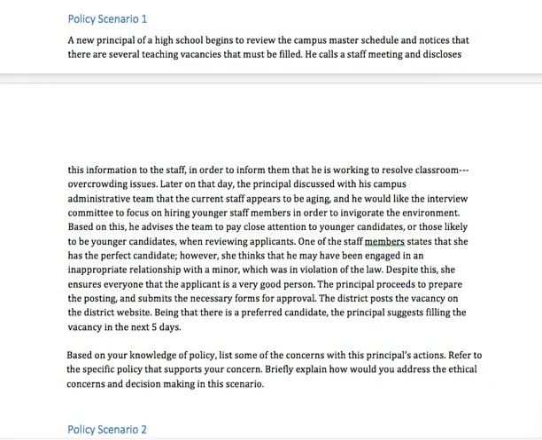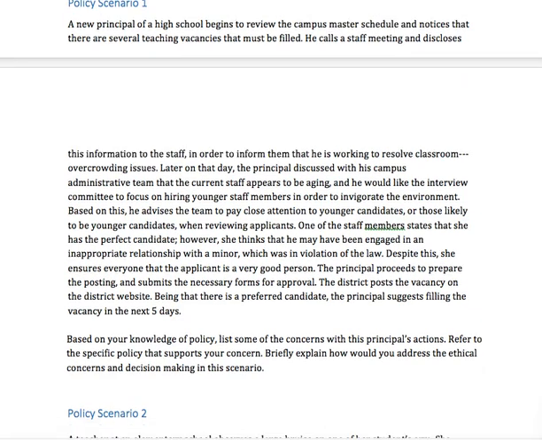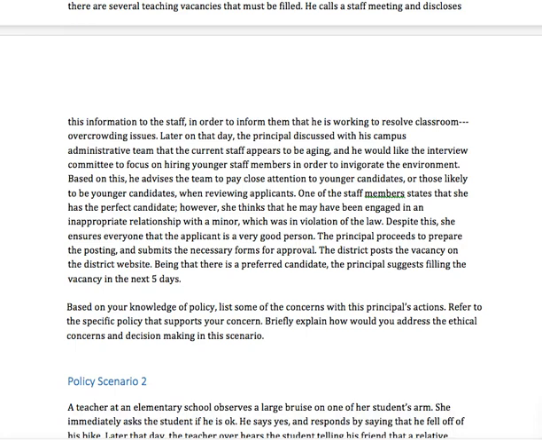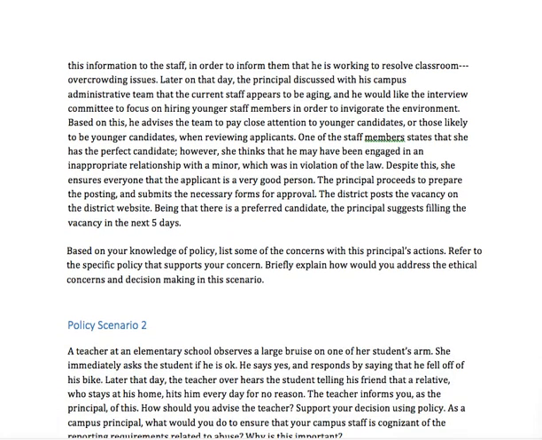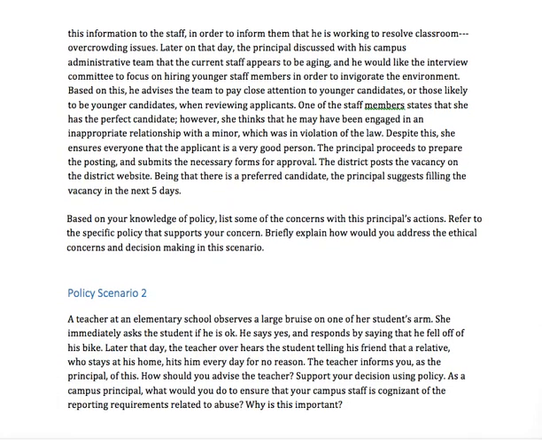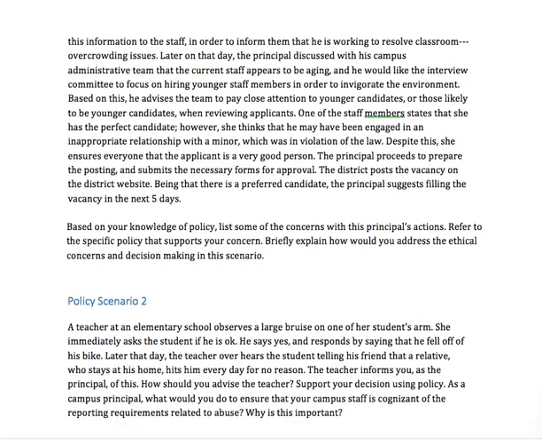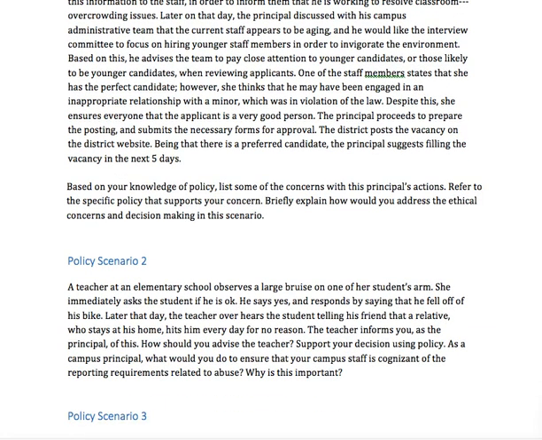The first one, you've got a high school teacher who's reviewing the campus master schedule and he notices that there are some vacancies. So he goes through and makes some decisions, and so you're going to justify or list concerns that you have about his actions. Again, remember, refer to the specific policy that supports your concern. Okay, and then talk about how you're going to address the ethical concerns.